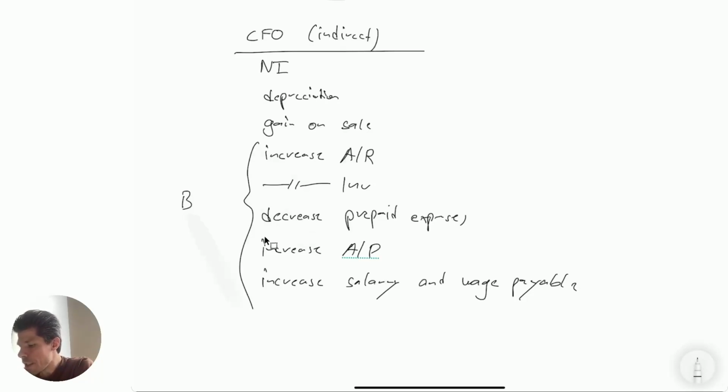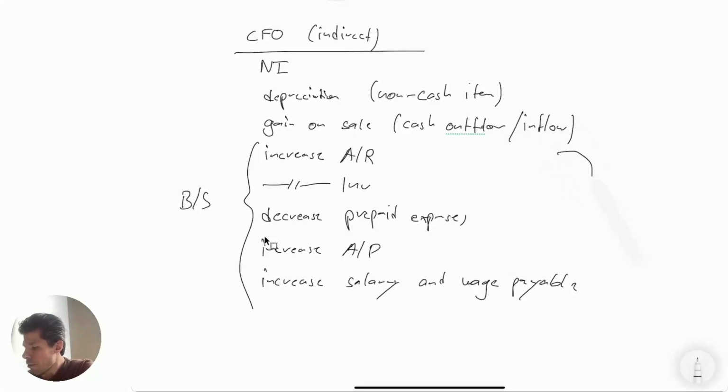These are more or less balance sheet items where you compare two dates and then you see whether this corresponds to a cash inflow or cash outflow. Depreciation is a non-cash item, and gain or loss on sale is a cash outflow or inflow which you need to adjust.